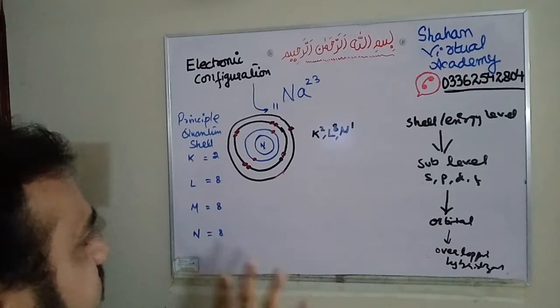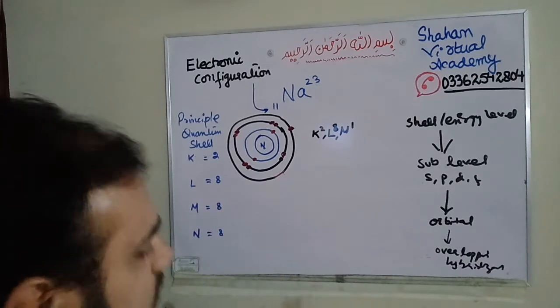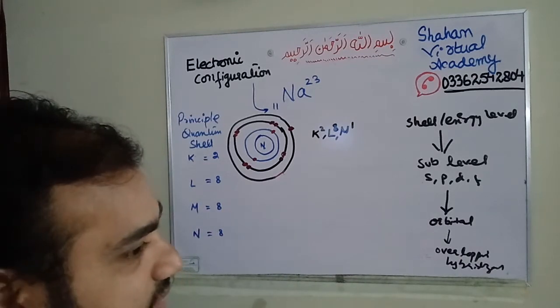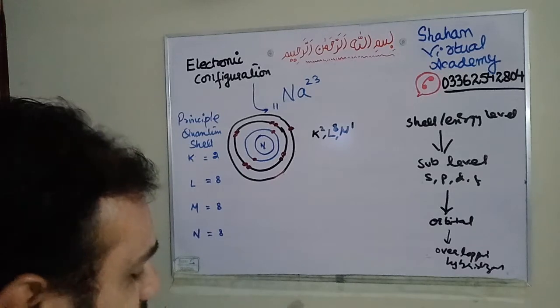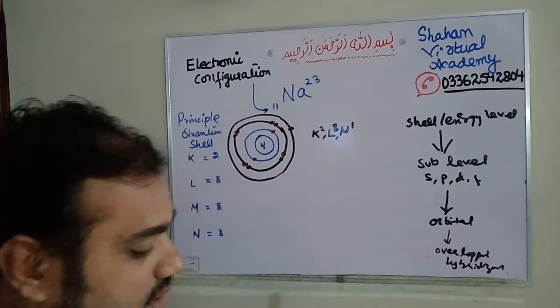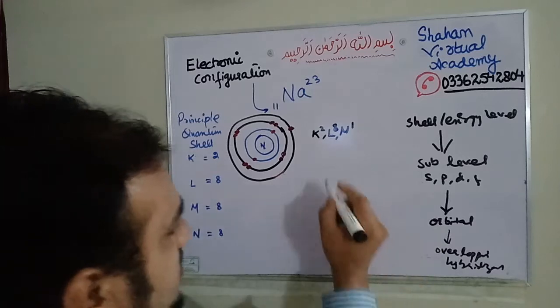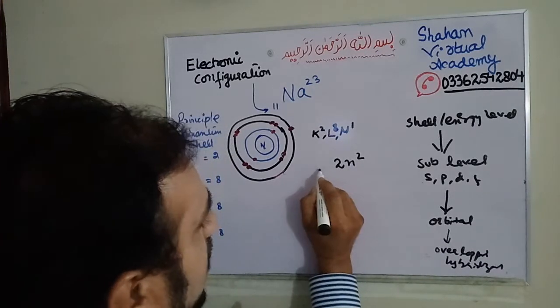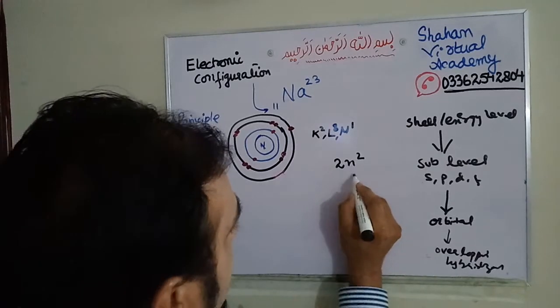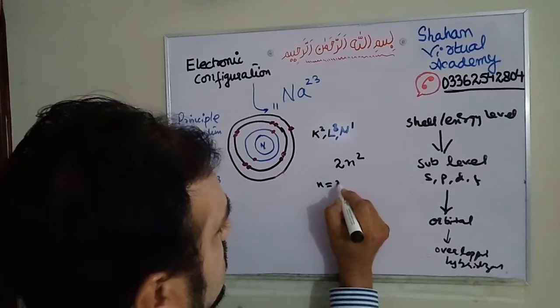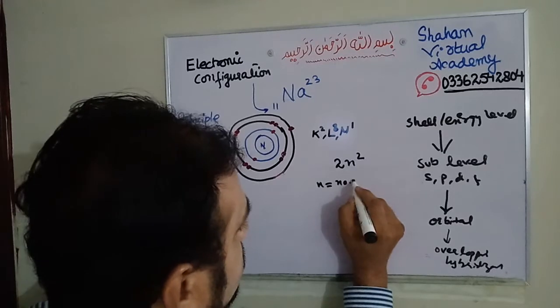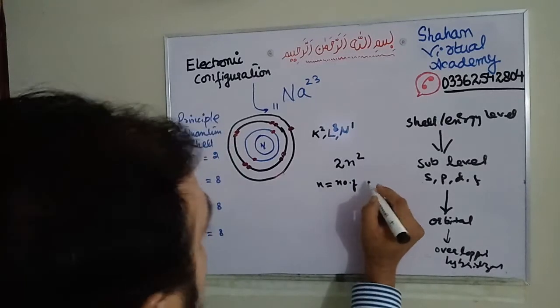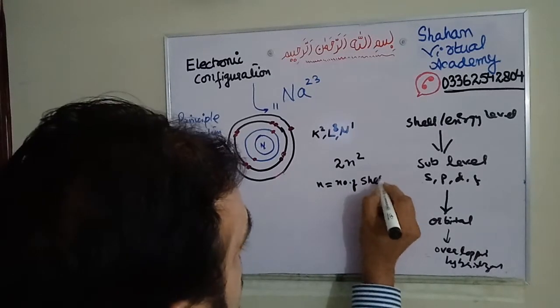If we talk about how many electrons an atom can fill, this is the basic formula, 2n square. n shows the number of shells.